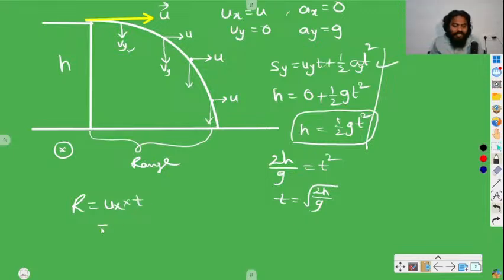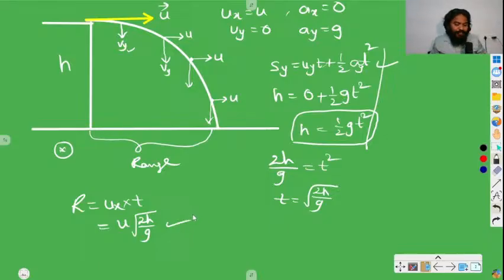What is the horizontal speed here? u. I said at any point the horizontal speed is the same, u. And what is time? Root 2h by g. Horizontal speed into time gives u into root 2h by g. This is the formula for the range, okay?